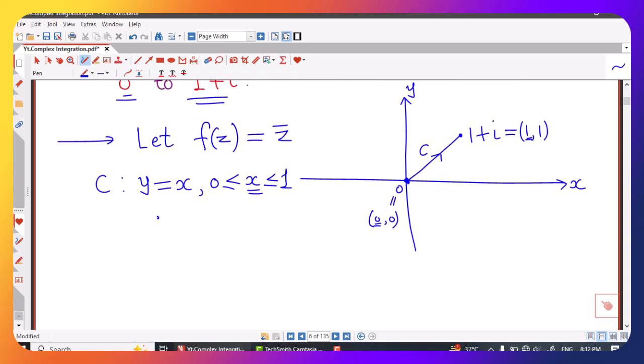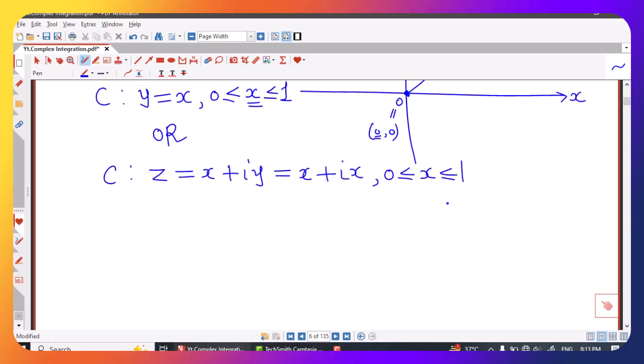If you wish, you can write this as z equal to x plus iy, and we have y equal to x, so that is x plus ix, and x lies between 0 and 1. And suppose we want to use parameter t, then we consider x equal to t, so we will have t plus i times t, where t lies between 0 and 1.